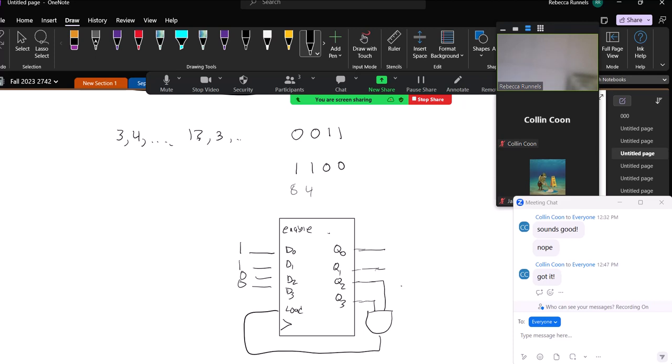Okay, and then the next one is 5 to 15, and then to 0, 1, 5.